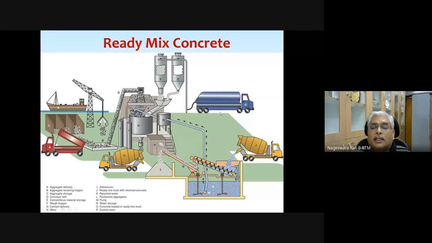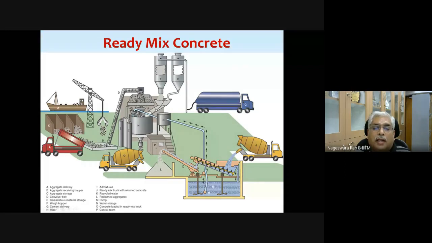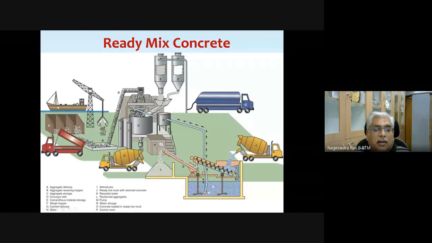Cement delivery, this is the truck which delivers cement, and then cement is going to be stored in this material E. These are some storage bunkers for this cement. Then this aggregate and this cement, after going through the weighing process, go into the mixture, and if required we use some admixtures.